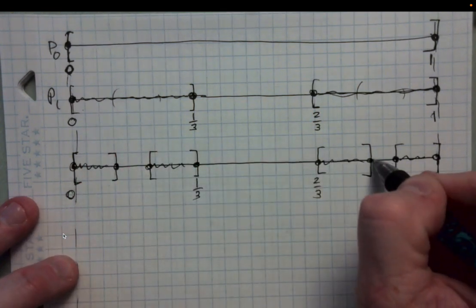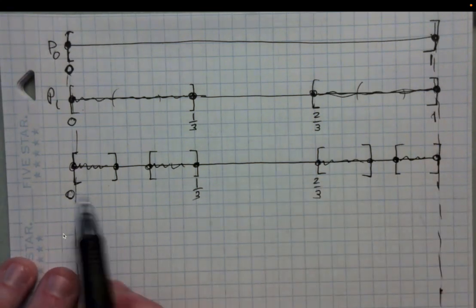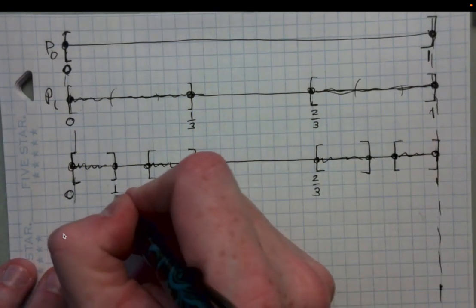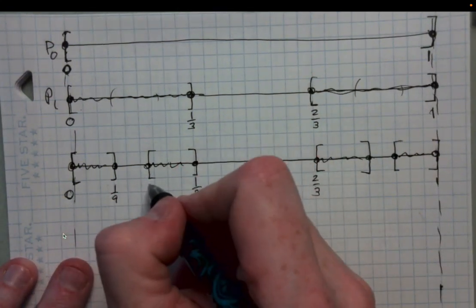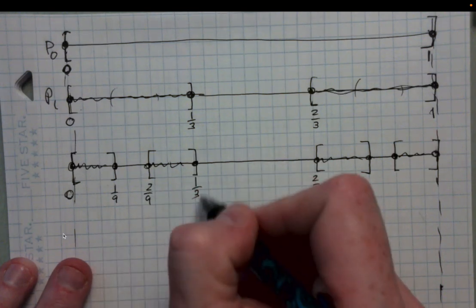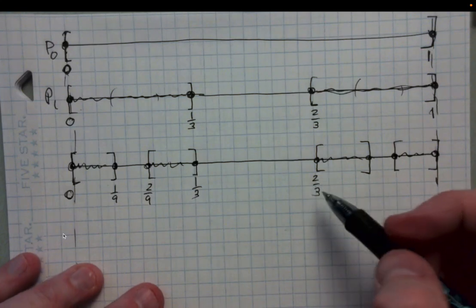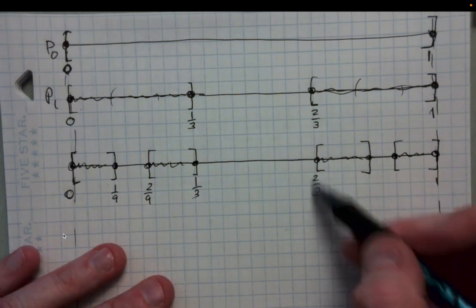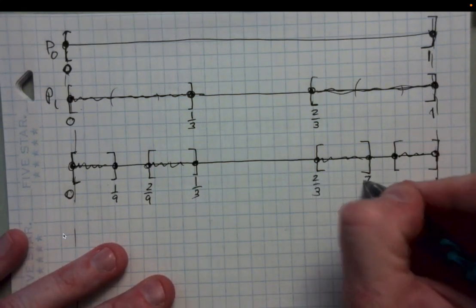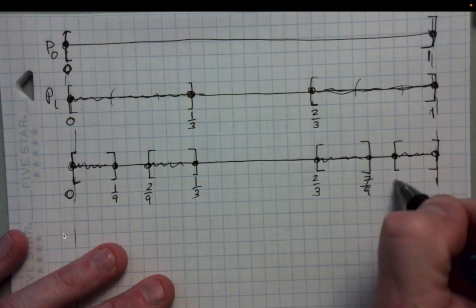What are the endpoints of those intervals? You've got 0 and then 1/9, and then 2/9 up to 1/3, which would be 3/9. Then over here you've got 2/3, which would be 6/9, and then up to 7/9. Between 7/9 and 8/9, that's gone now.